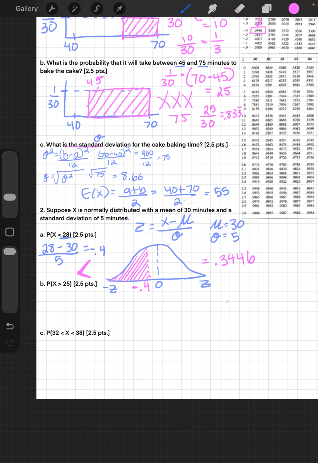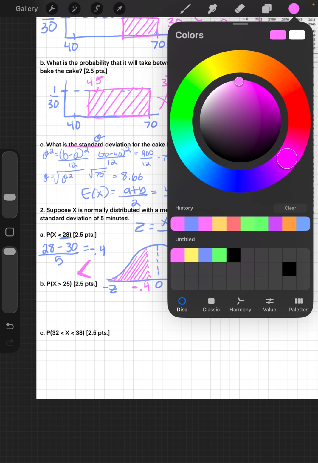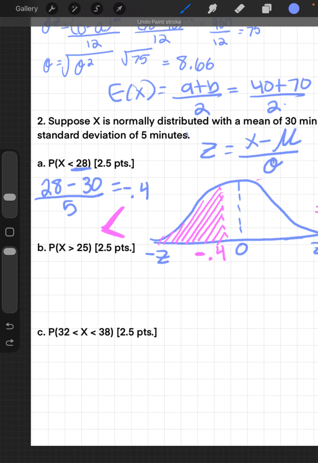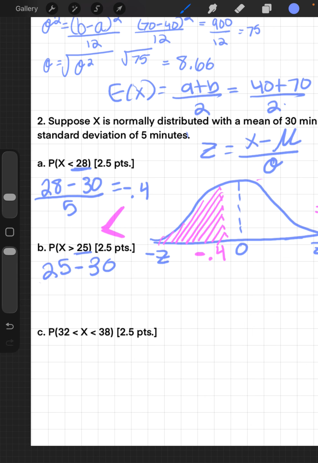Okay, so now we're gonna do the next one. It's gonna be 27. Wait, no, 25. 25 minus 30 over 5. This is equal to negative 1.